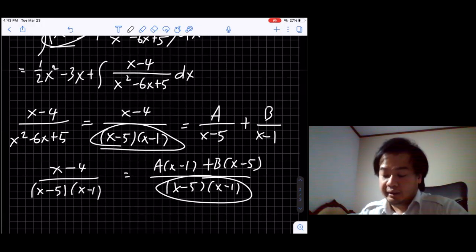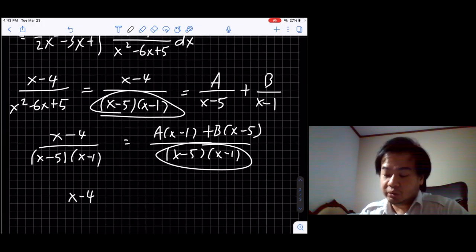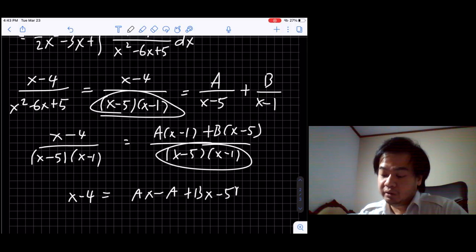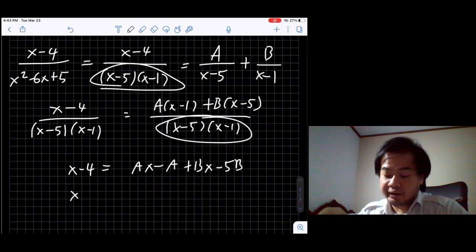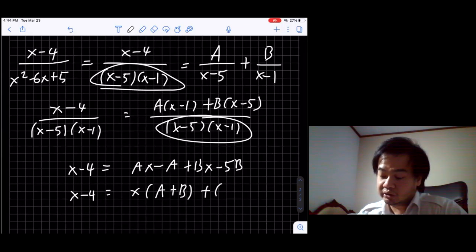So x minus 4 is equal to ax minus a plus bx minus 5b. Then I will gather all the x into one, so I will have x(a plus b), and then gather the constant.